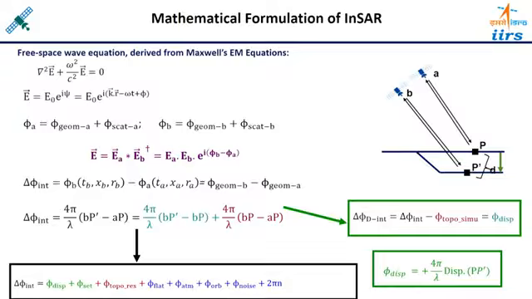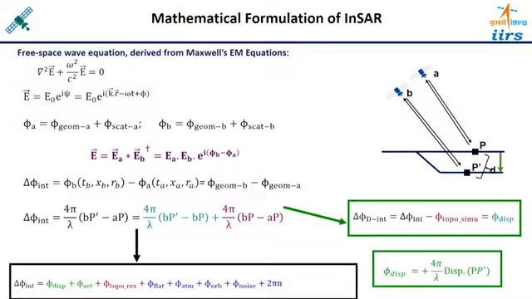Another application may be atmospheric modeling, meaning how much the signals are getting delayed in the atmosphere. For atmospheric applications this particular term is important, or you can say in that case your interest is here. You want to calculate the contribution of the phi ATM very precisely from the interferometry, and in that case the other components are unwanted and you have to remove them one by one.